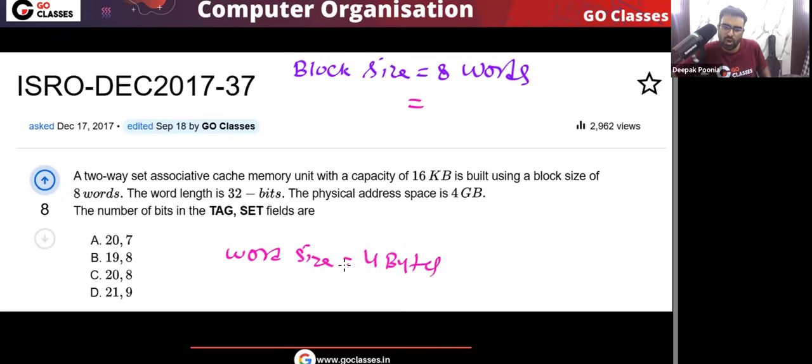So all the data that is given to you in words, for example, this block size, 8 words, you can convert into bytes. So it will be basically 8 into 4 bytes, that will be 32 bytes. So if the block size is 32 bytes, then what will be the block offset size?